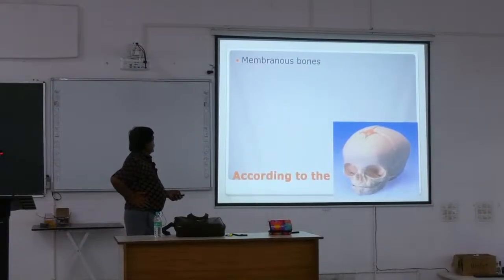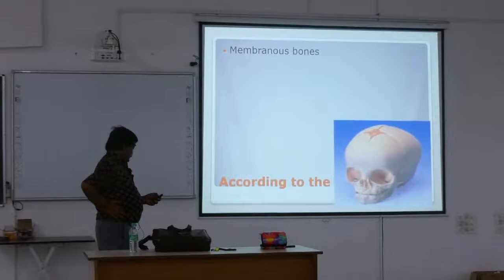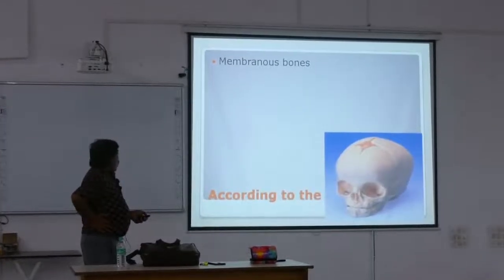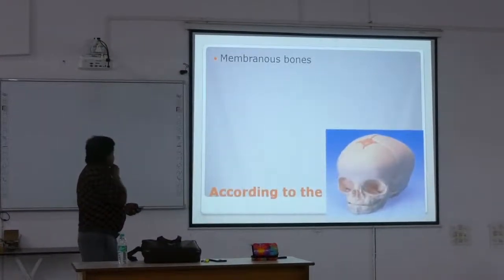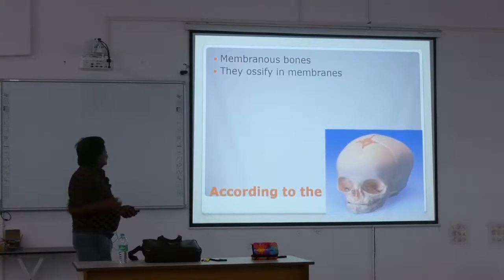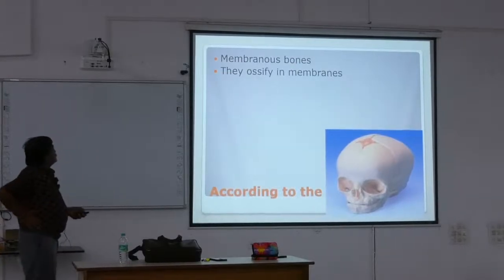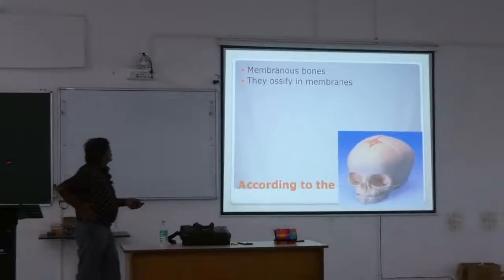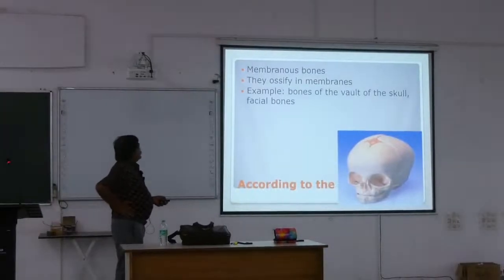Now this is a membranous bone, this is a fetal skull. They ossify in membranes. Examples are bones of the vault of the skull and facial bones.